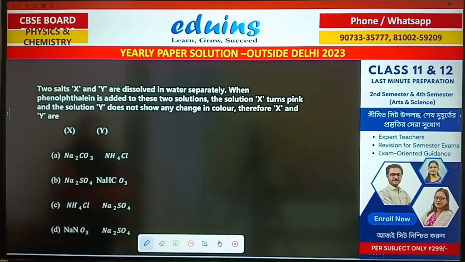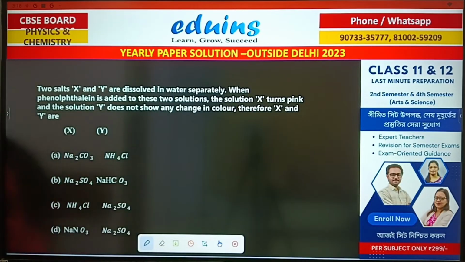In solution X it turns pink and solution Y does not show any change. So about the phenolphthalein, there will be the answer. This is the tricky part. We have to understand the nature of phenolphthalein, when it turns into pink color and when it remains unchanged. So now, anyone?